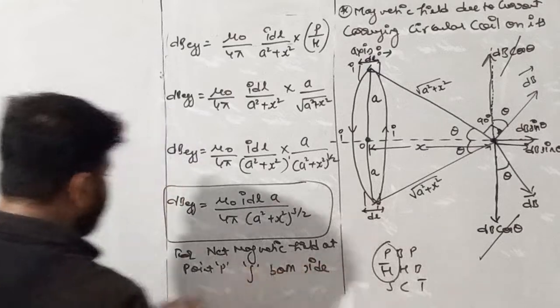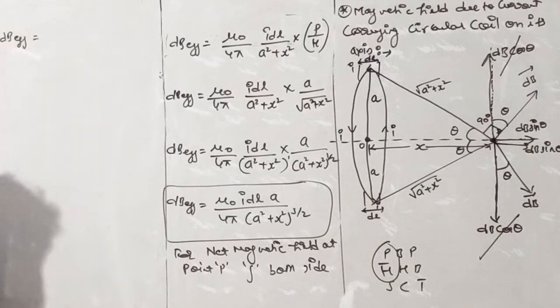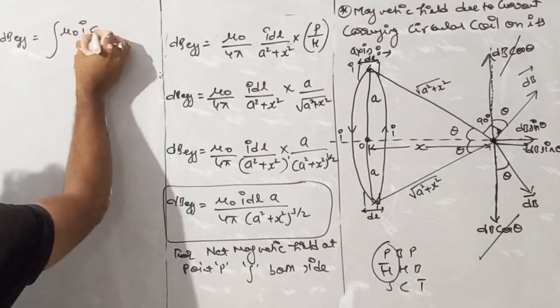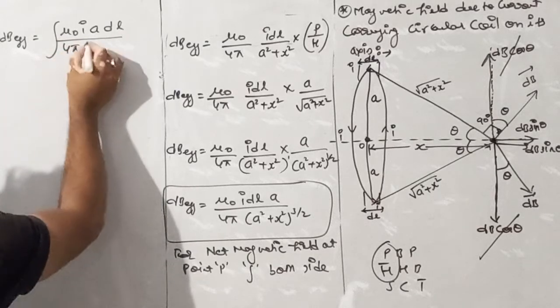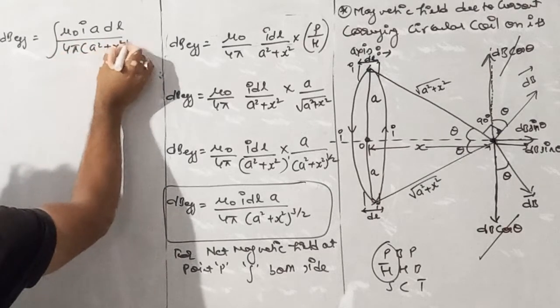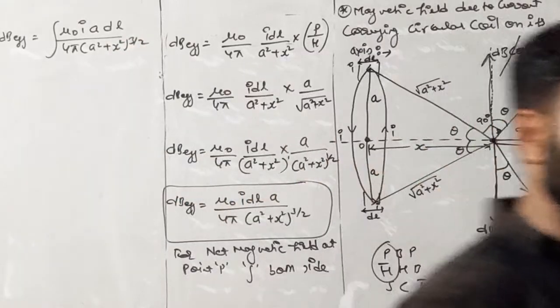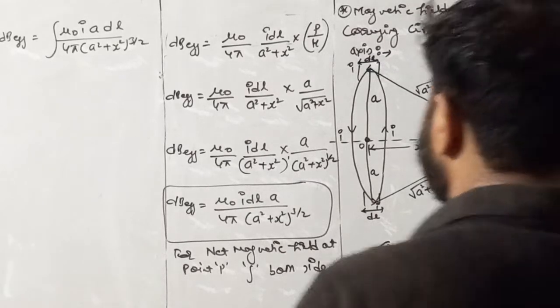I have to integrate both sides. So integration of dB effective is equal to integration of mu naught I a dl over 4 pi a square plus x square raised to the power 3 by 2. So we all know that the integration of dB effective is nothing but B effective. So instead of dB effective we can write B effective.